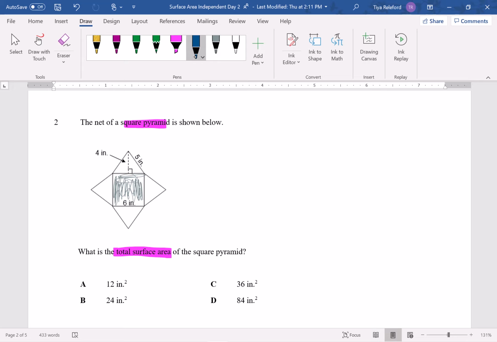So if I'm going to do this triangle, I need to start with the triangle formula and make sure that your height is 4, your base is 6. 5 is slanted. You're not going to use 5 at all.